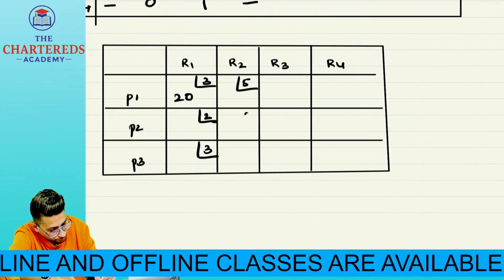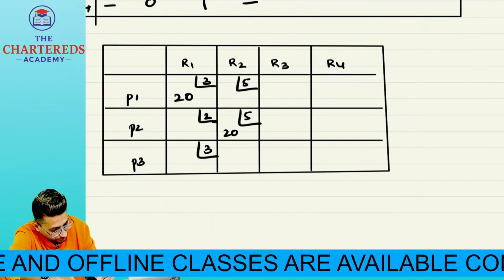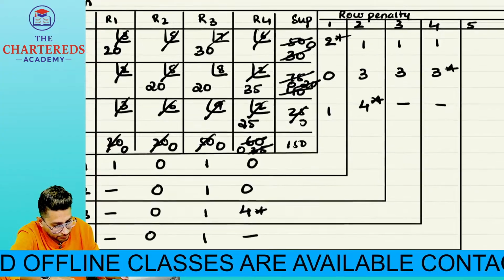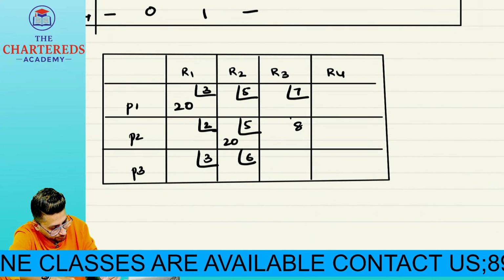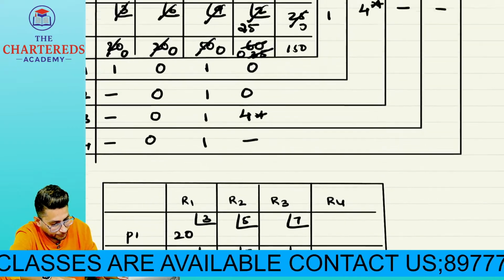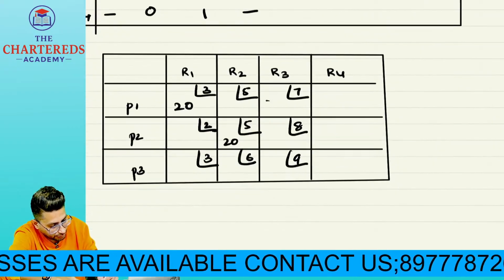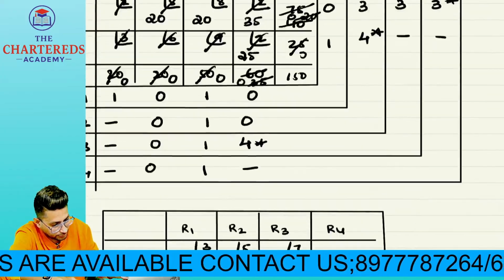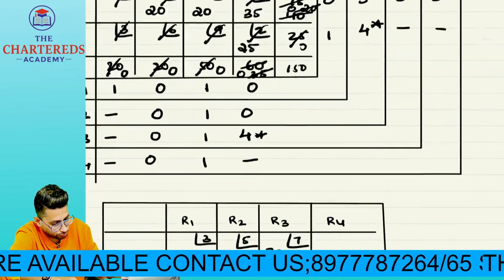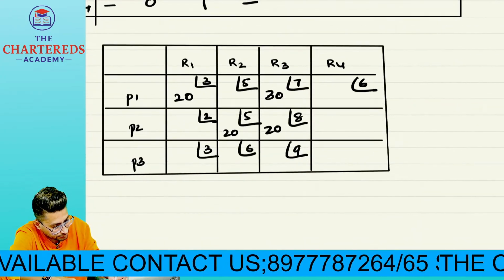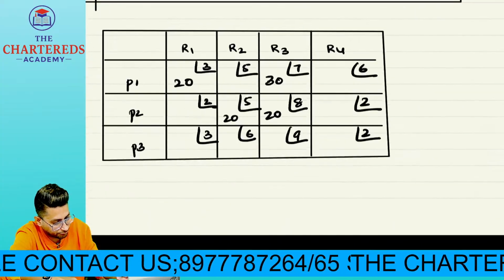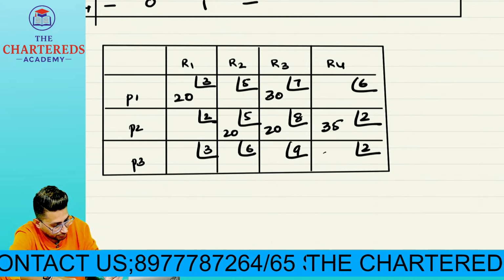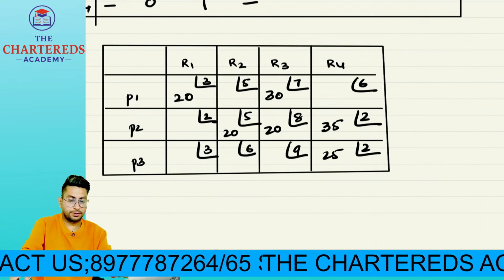Then we have 7, 8, 9. 30 and 20. And then we have 6, 2, 2. Allocations are 35, 25. So from here we have to start.